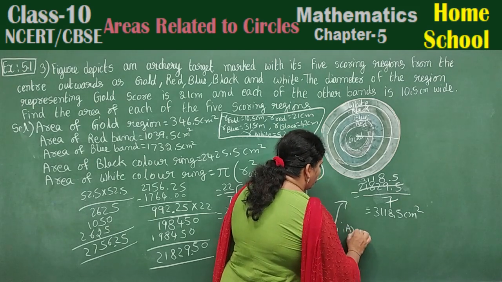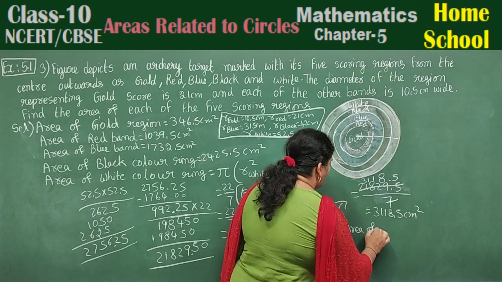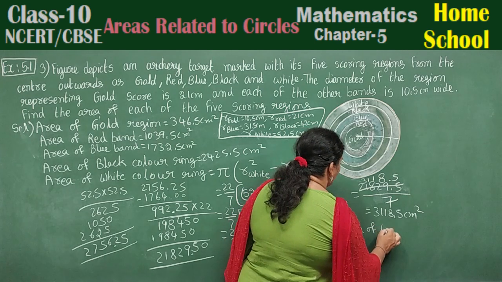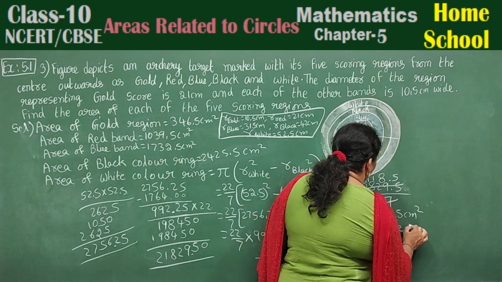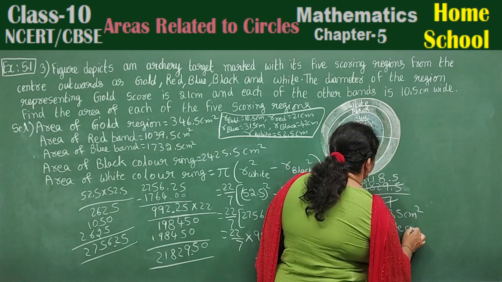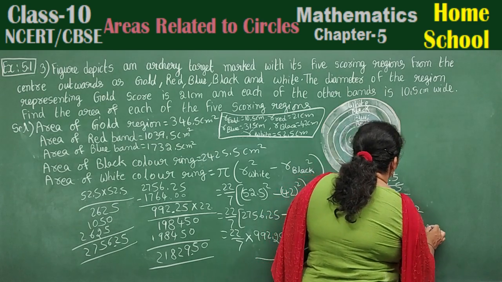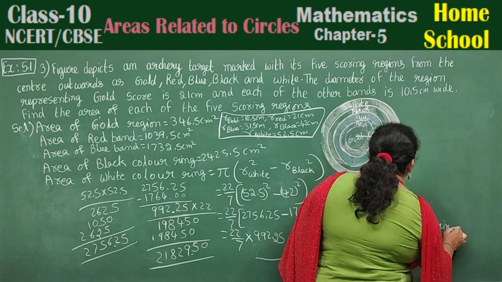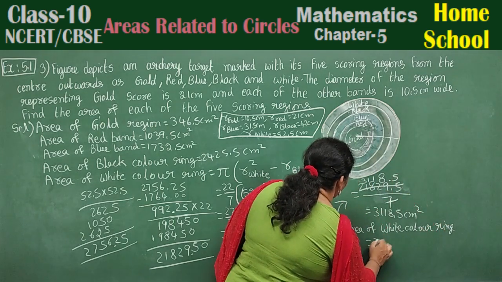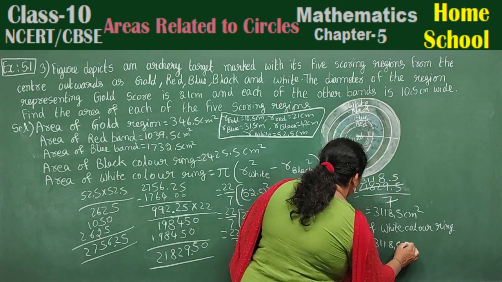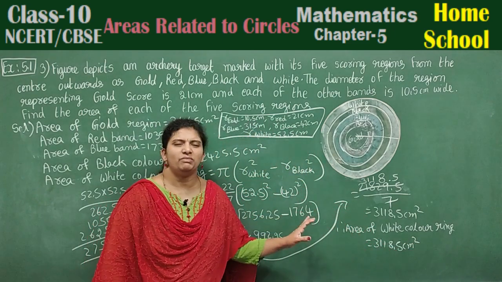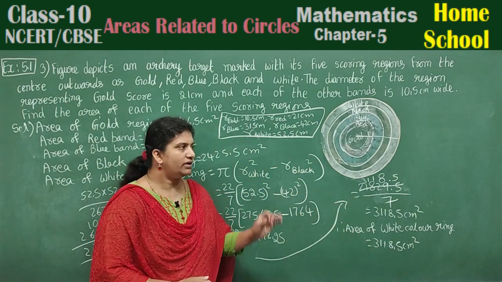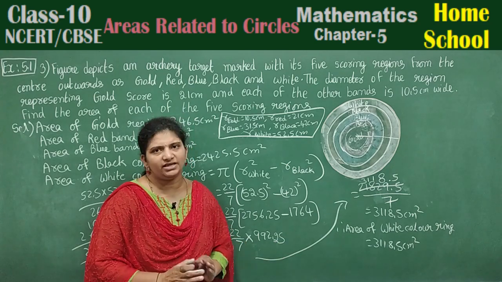Finally, therefore, area of white color band is equal to area of white color ring is equal to 3118.5 centimeter square. So observe here, problem may be lengthy, children, but if you understand, this is very easy.